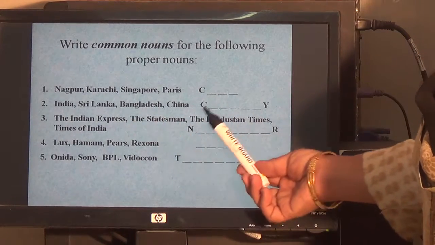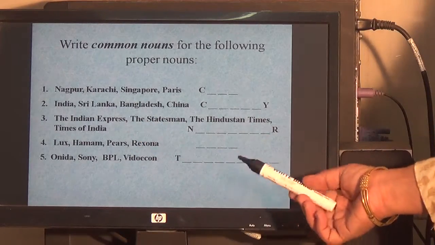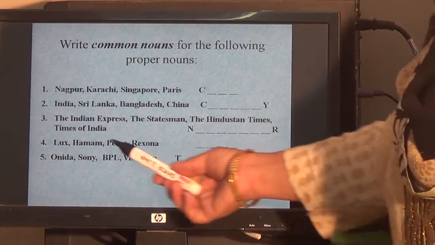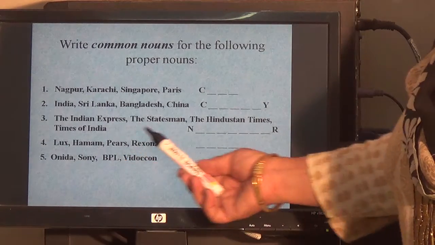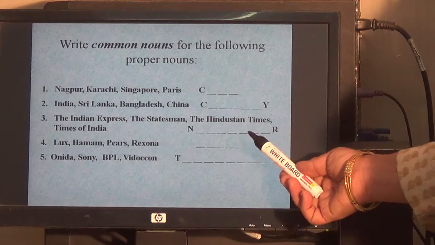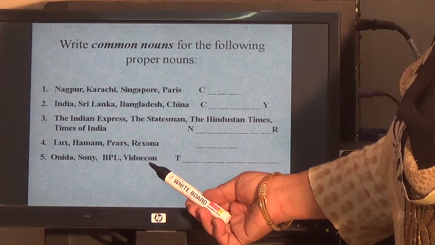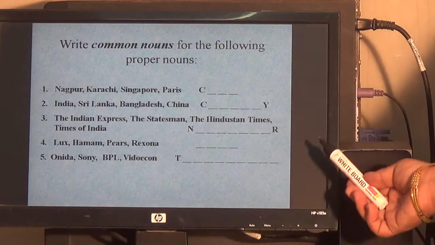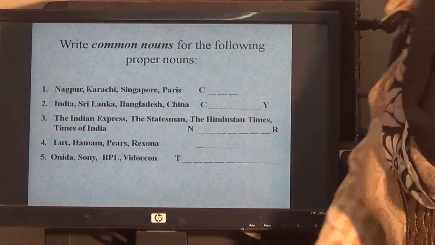The Indian Express, the Statesman, the Hindustan Times and Times of India are proper names for newspapers. And Lux, Hamam, Pears and Rexona are proper names given to various kinds of soaps. Onida, Sony, BPL and Videocon are names of companies which make various kinds of electronics.